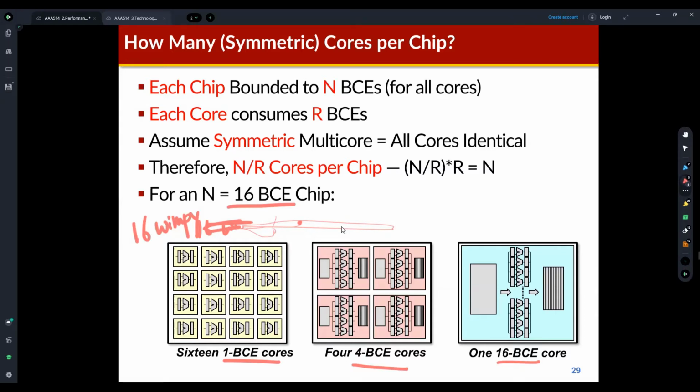We can say that this multiple WIMP core architecture is very similar to GPUs, because a GPU has a very large number of cores, but the performance of each core is very low. The 4 BCE core is similar to a common mid-range architecture. The single big core is a single core architecture.